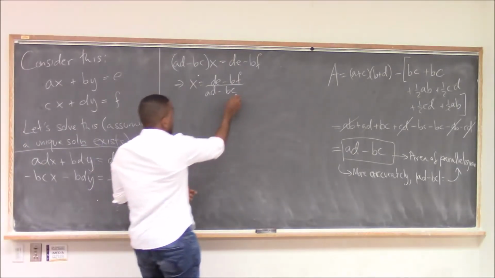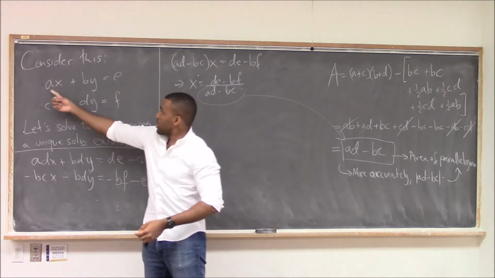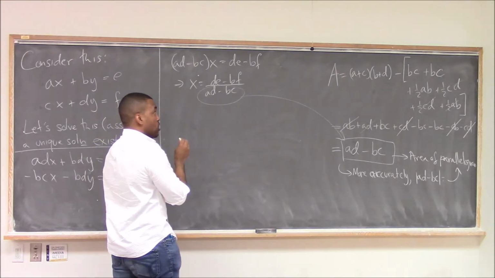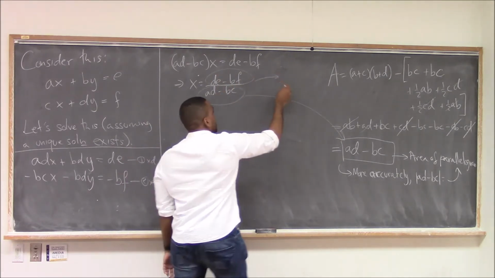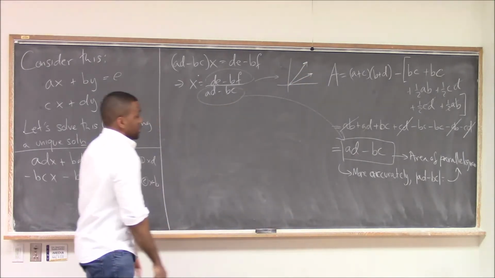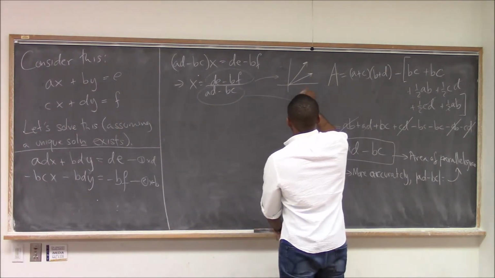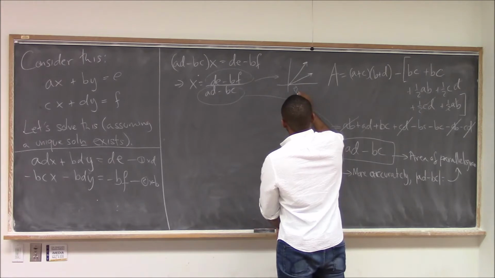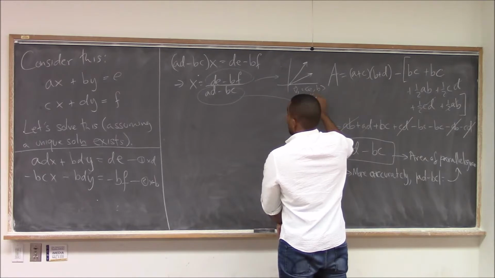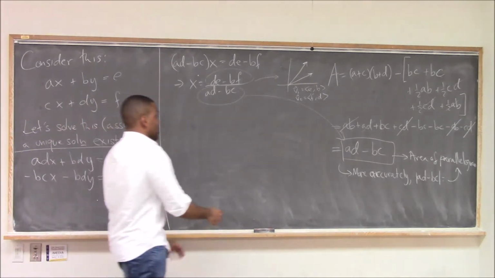Second, look at the denominator: it happens to be the area of the parallelogram from the vectors A, B, C, D. It's also worth mentioning that the top is the area of the parallelogram for two other vectors, if I took V1 to be E, B and V2 to be F, D. Let's solve for the y.